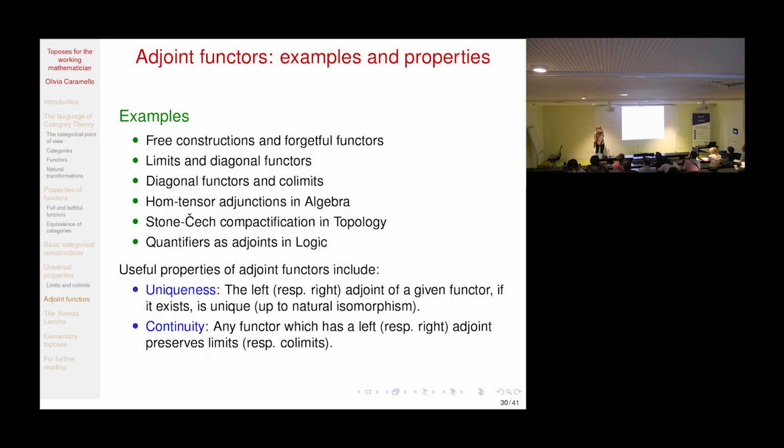Then we have a limit functor going from the functor category, so the category of diagrams, to the target category C. This takes just the limit of the given diagram. But we also saw that we had the diagonal functor, which took the constant diagrams at given objects of C.